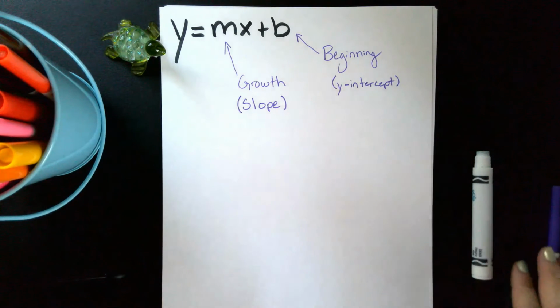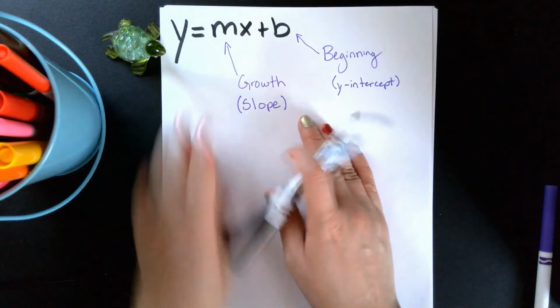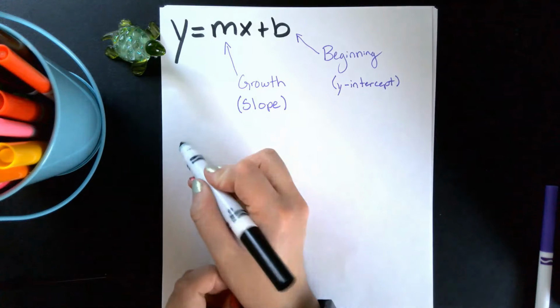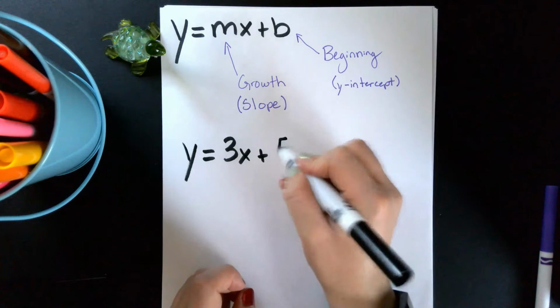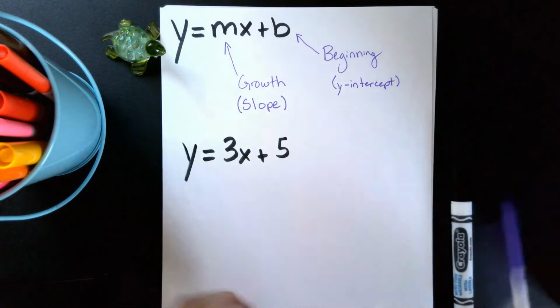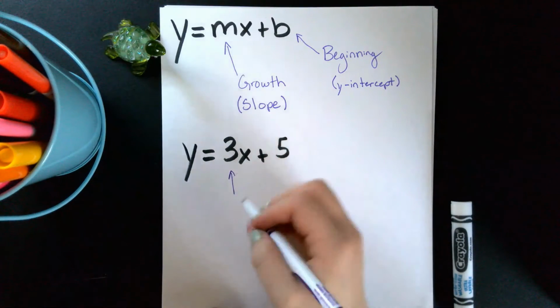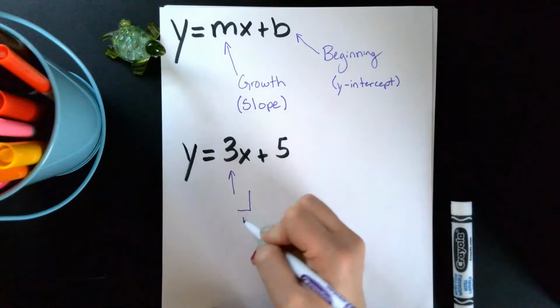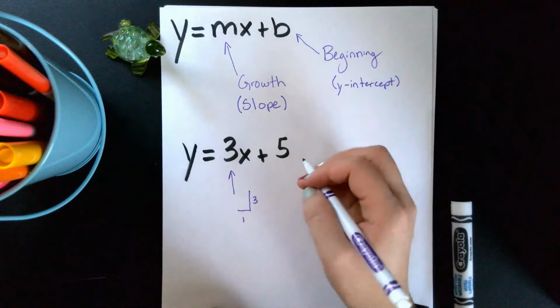You guys are most familiar with this because this is the one that we use all the time. If I were to give you, let's say, y equals 3x plus 5, right? Hopefully, at this point, you guys could tell me that I am growing by 3. So my growth triangle would be 1, 3 on a graph, right? It's my growth.